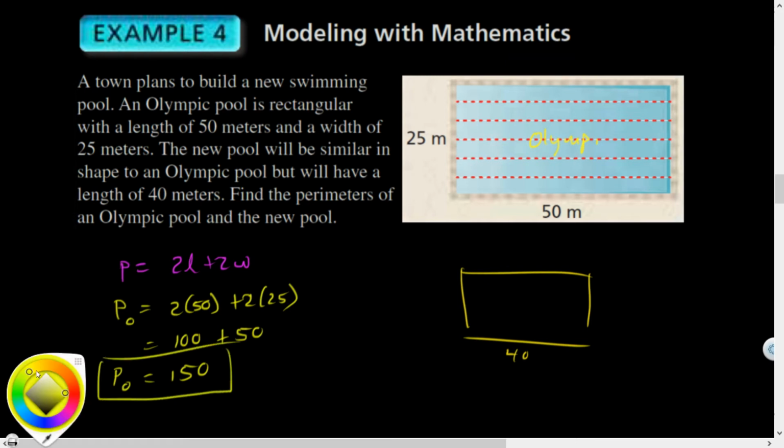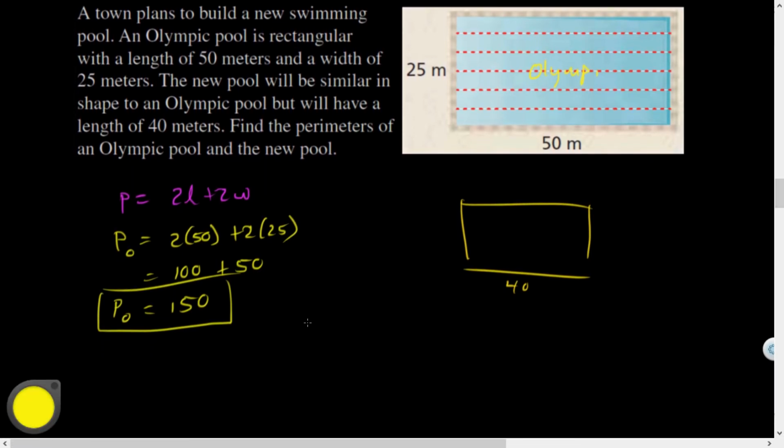So check this out. Let's see if we can set up a proportion. The perimeter of the new pool, or town pool, P_T, over 150, the perimeter of the Olympic pool, that should equal what? We haven't even jumped into area yet.